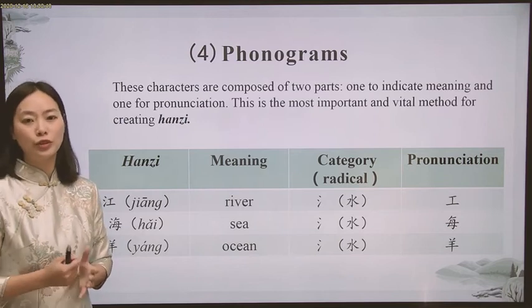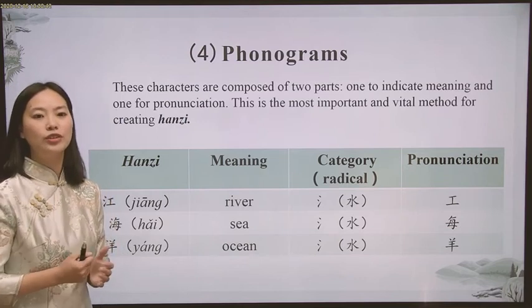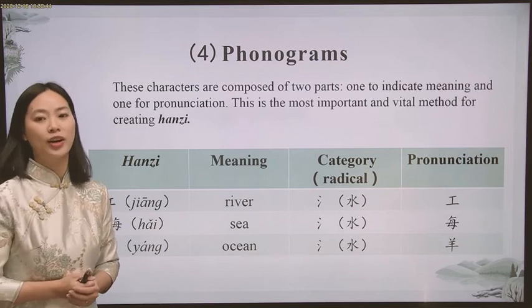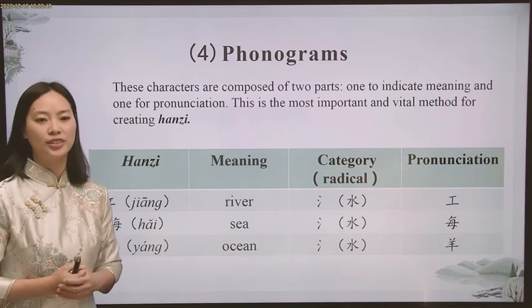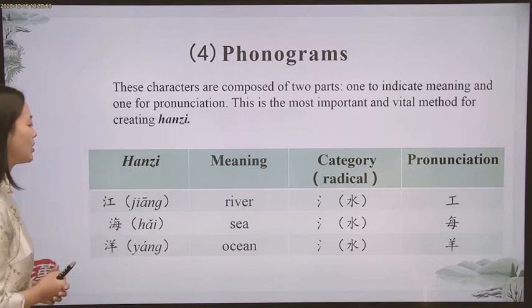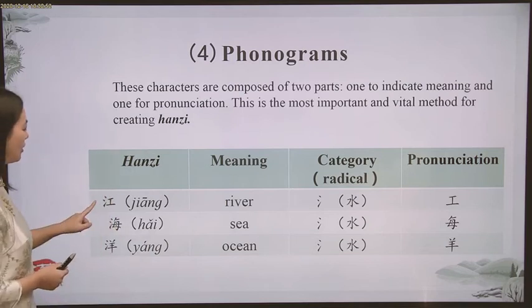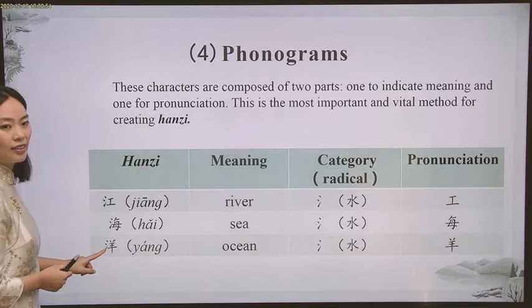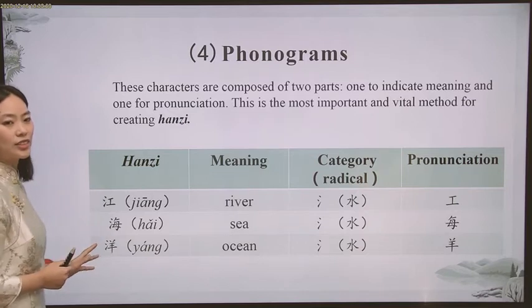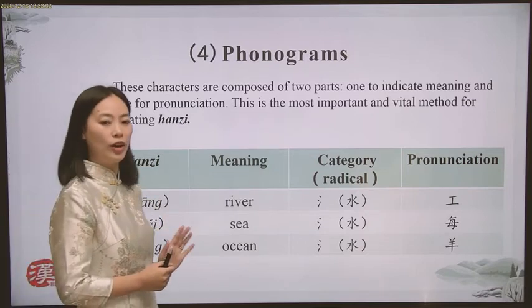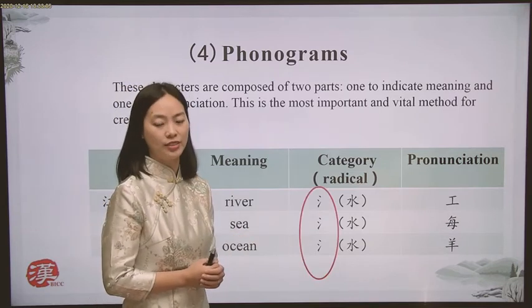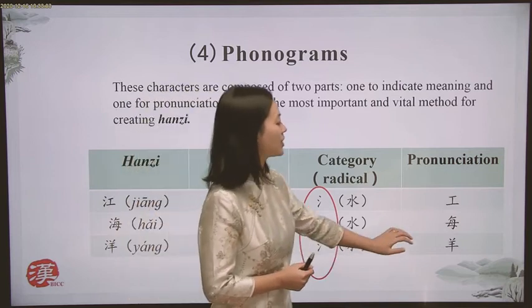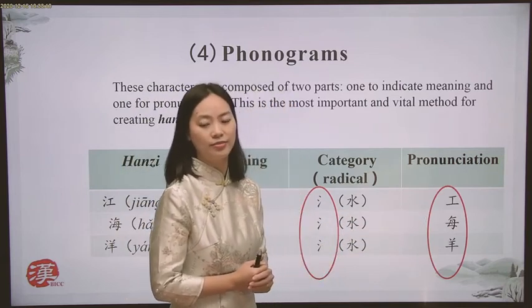4. Phonograms. Phonograms are composed of 2 parts, one to indicate meaning and one for pronunciation. There are 3 characters for 江, 海, 洋. These 3 characters have the same left side, which is related to water, and the right side is their pronunciation.